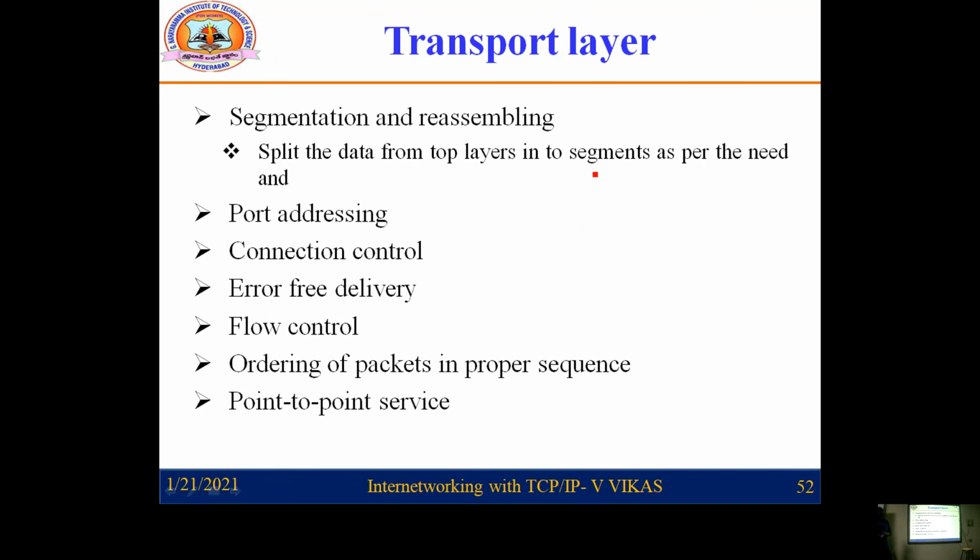So we have several functions here. The first one is segmentation and reassembly. Can anyone say why we need segmentation and reassembly here? If I consider a particular packet or message, this message will not be delivered as it is, because the size may be bigger.